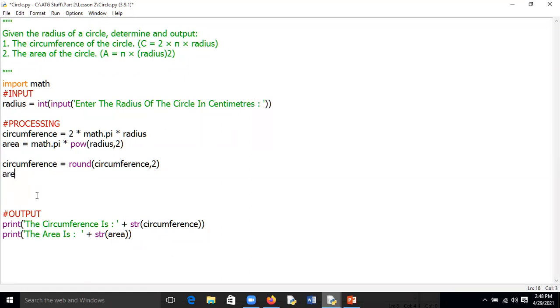Coming back to our area, area is assigned round, area, comma 2. All right, so we've got that rounded off. This is going to be in centimeters.